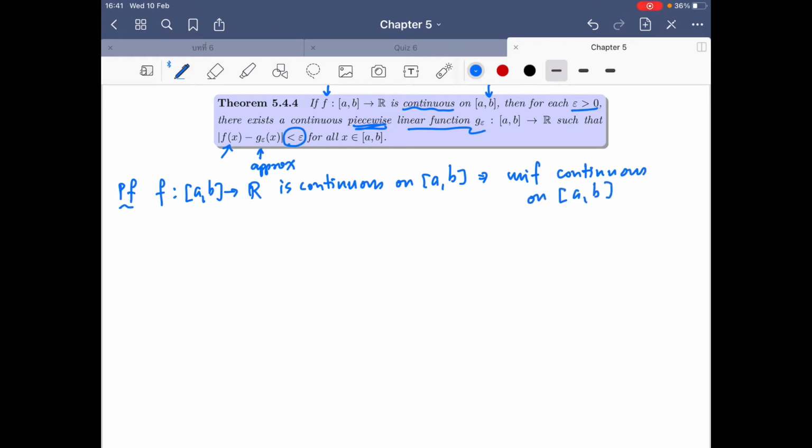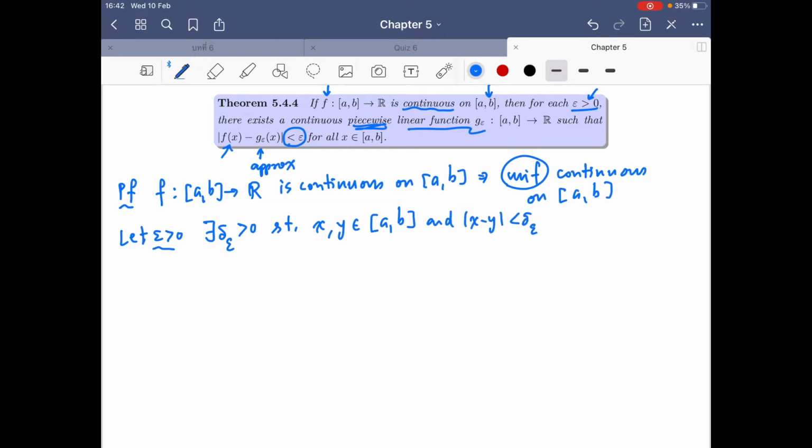And by uniform continuity, if we let your epsilon be greater than 0, we can find your delta epsilon, such that if your x and y are elements in the domain and the distance between them is less than delta, then the distance between the outputs will always be less than your epsilon.